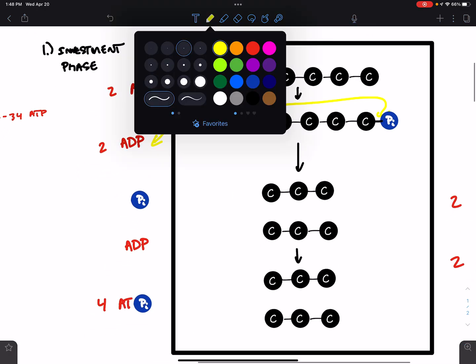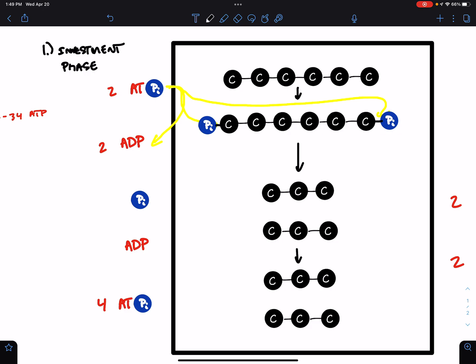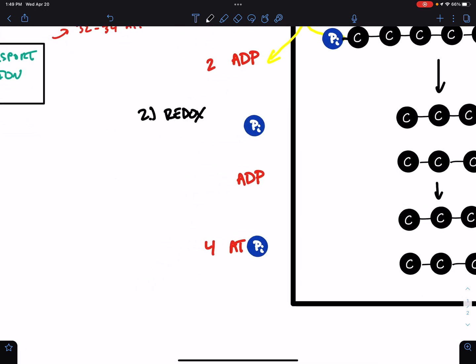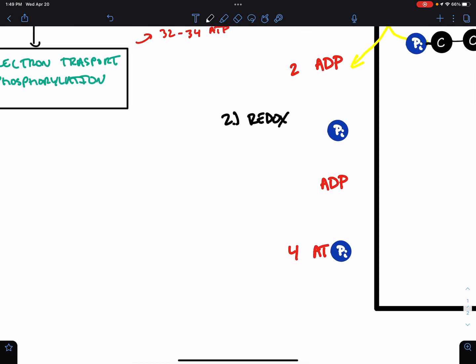The next phase is called the redox phase. A redox reaction is a reduction-oxidation reaction. There's a mnemonic that can help you remember what these reactions do. LEO goes GER.